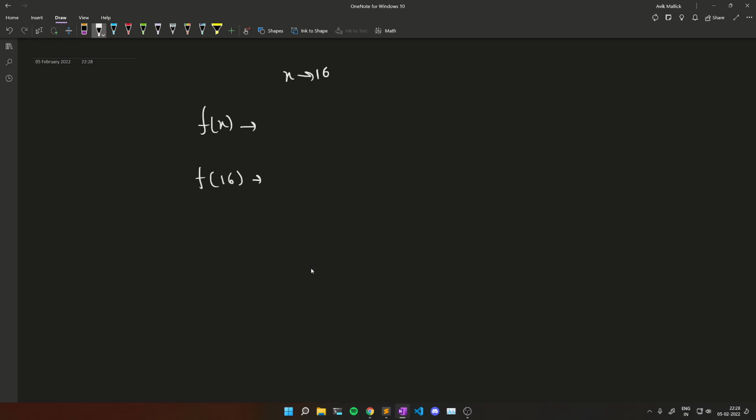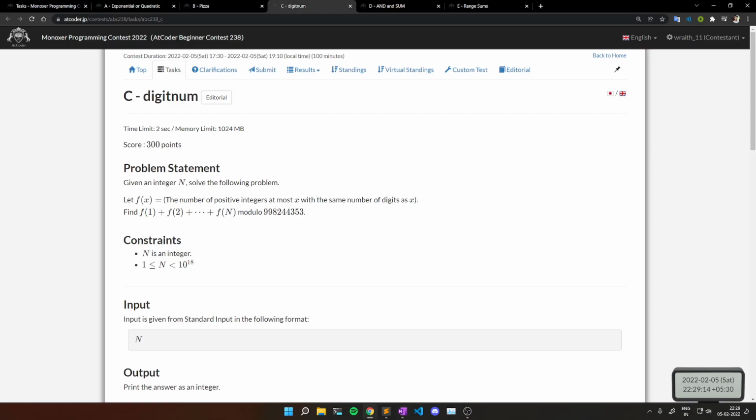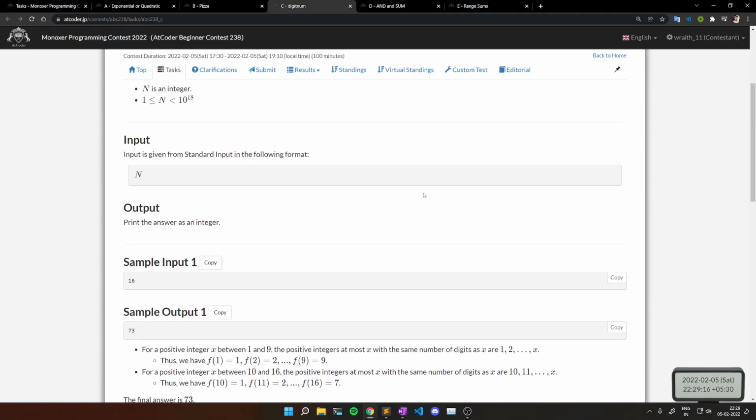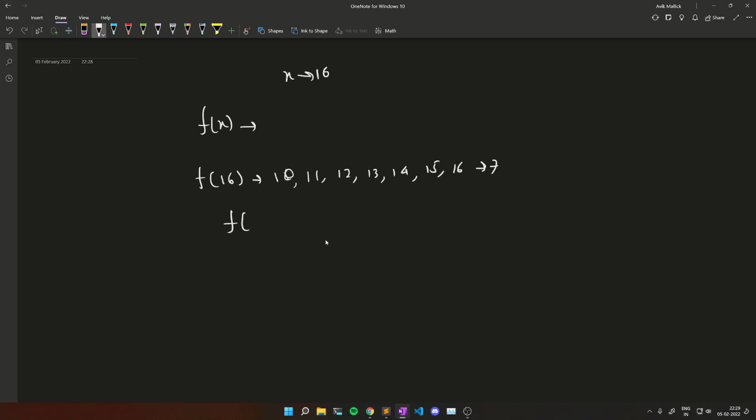The numbers are 10, 11, 12, 13, 14, 15, 16, which is 1, 2, 3, 4, 5, 6, 7 values. So f(16) is 7.